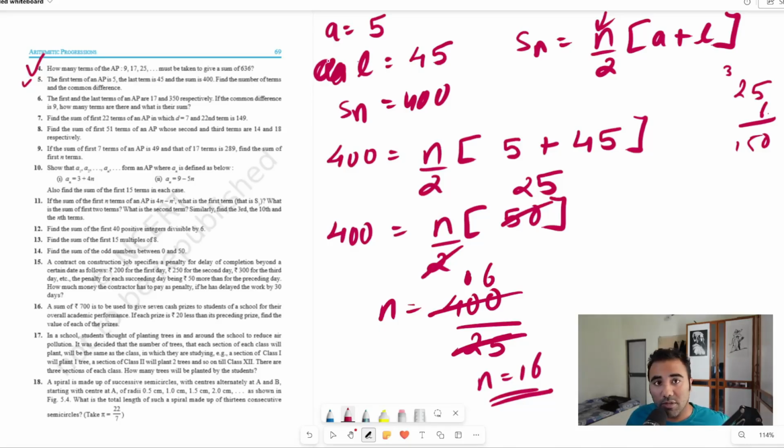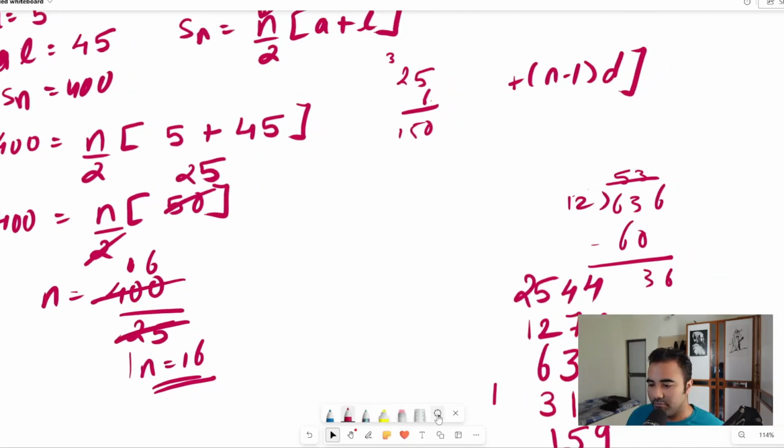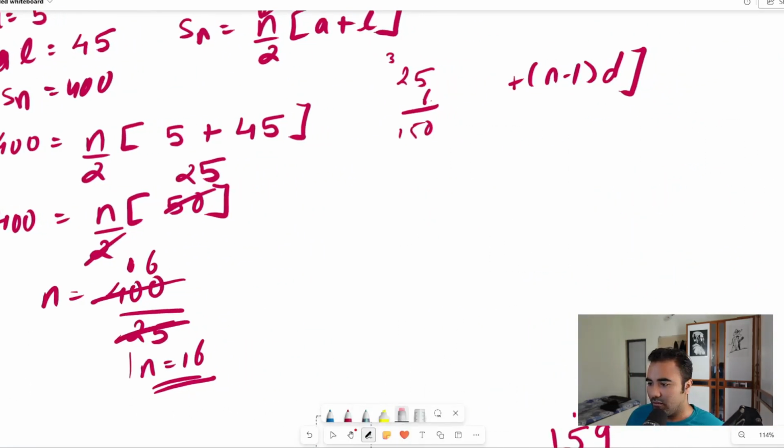Now we also must find the common difference. How do you find it? There are total 16 terms, so we can use this formula. I hope you remember, in the first exercise we learned this formula: An is equal to a plus n minus 1 d. The last term was 45.